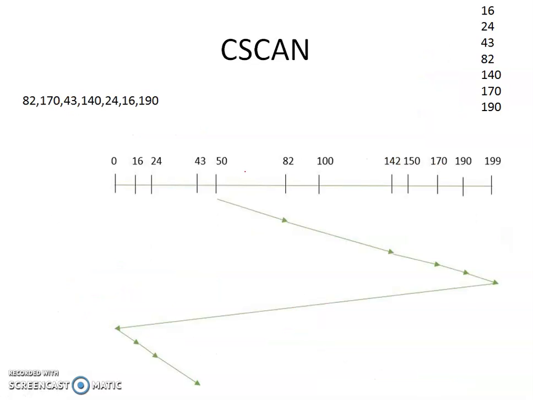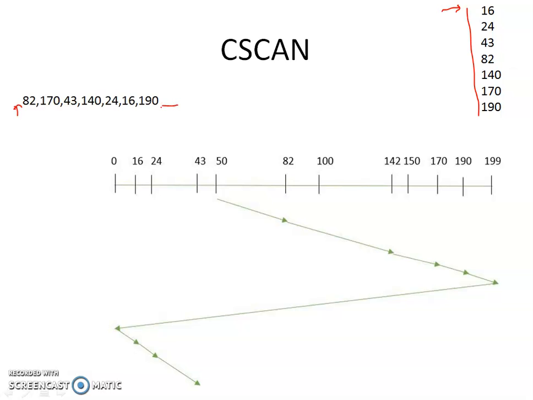Okay, so similar is the case with CSCAN also. In CSCAN also the requests will first be arranged in sorted order. Add the elements 0 as well as 50 to the array before sorting, and then towards the end you need to insert the right end of the disk, that is 199.